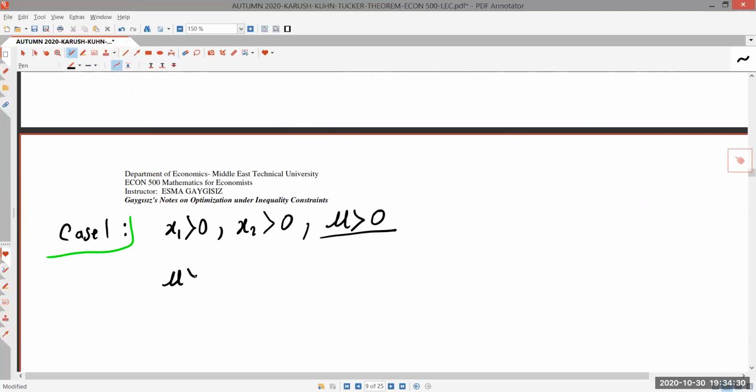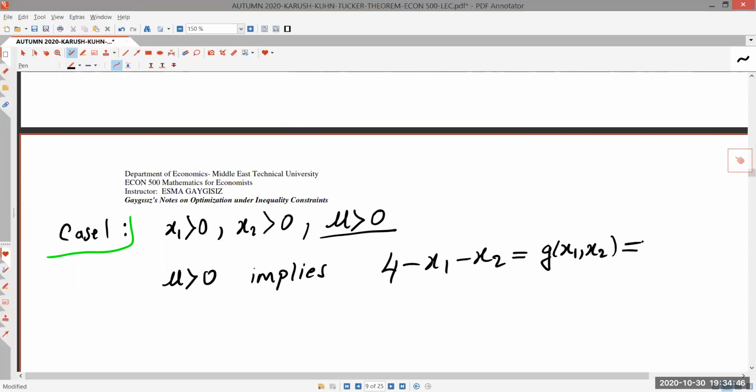If mu is greater than 0, then this implies that 4 minus x1 minus x2, which is basically g(x1, x2), equals 0, so that this is binding. Okay, the constraint is binding. It's an active constraint.